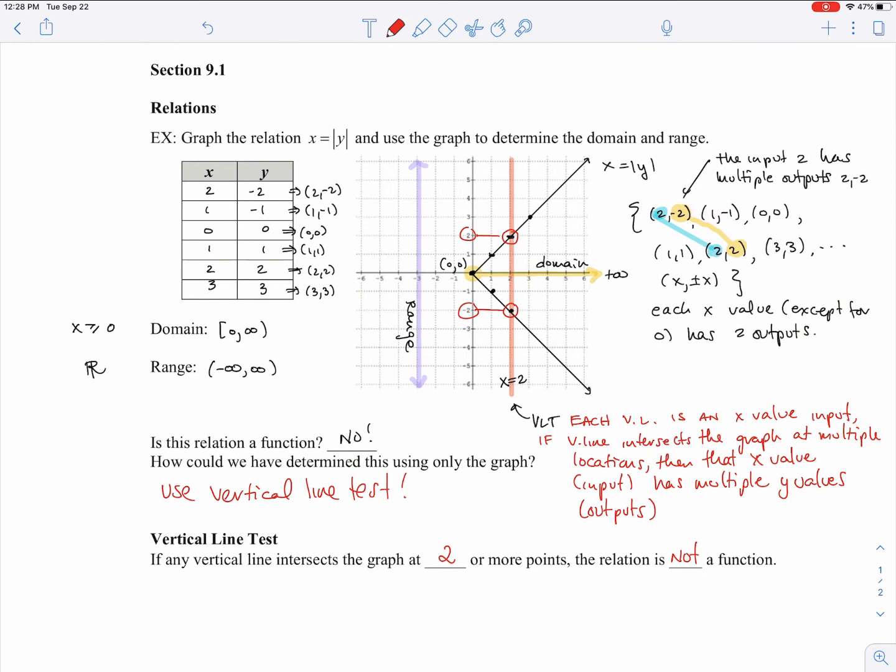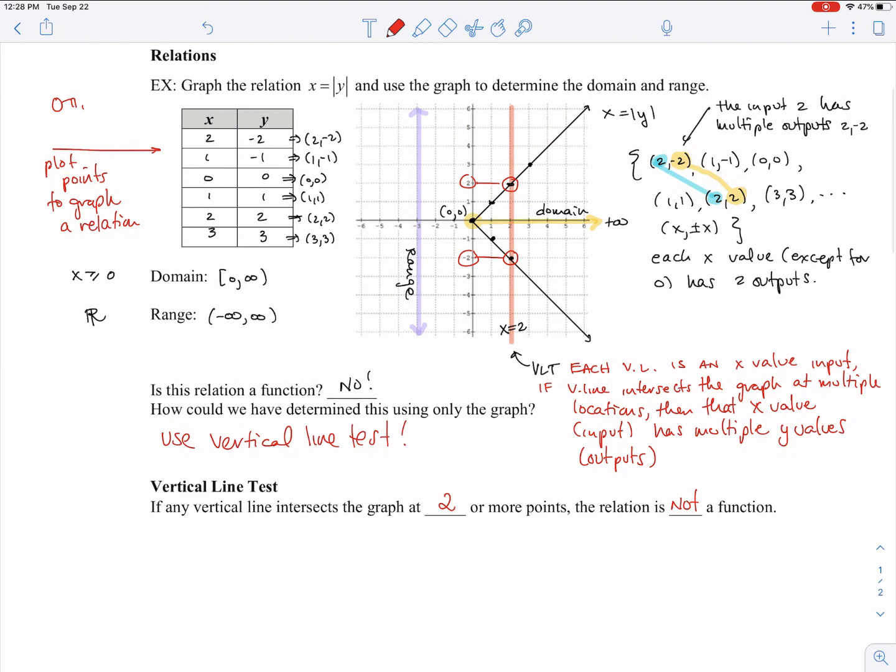What are the key features here, and what do you need to take away from this exercise? Key number 1, you need to know how to plot points to graph a relation. Key number 2, domain and range graphically.